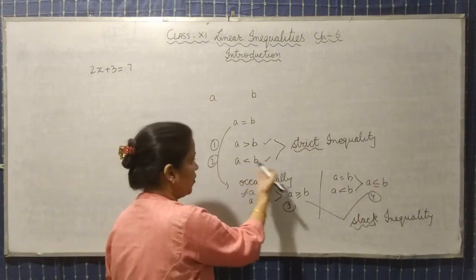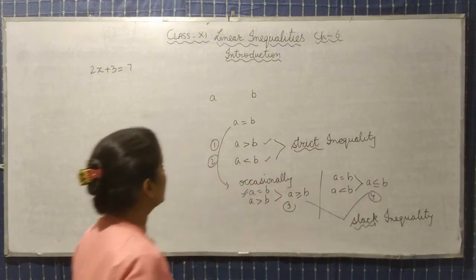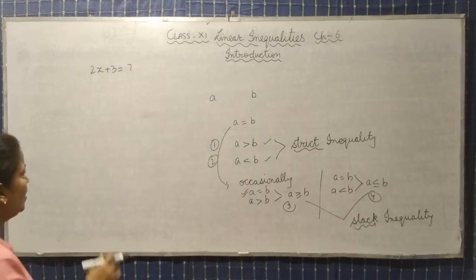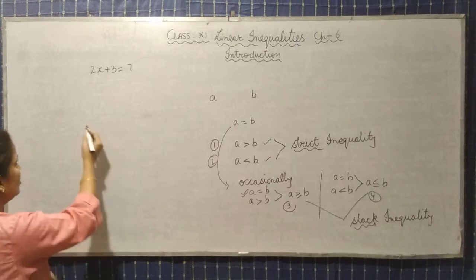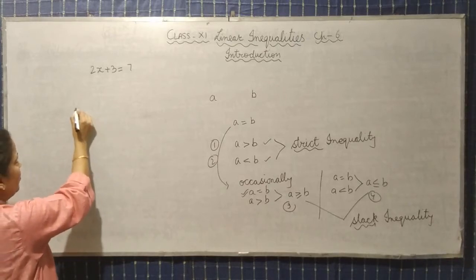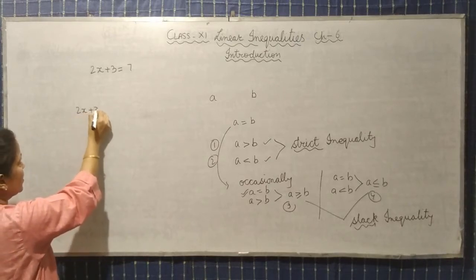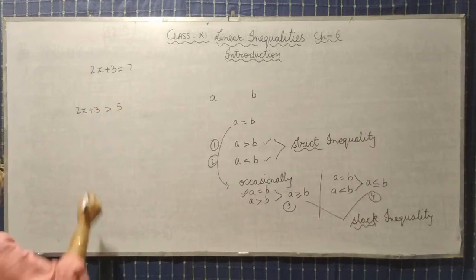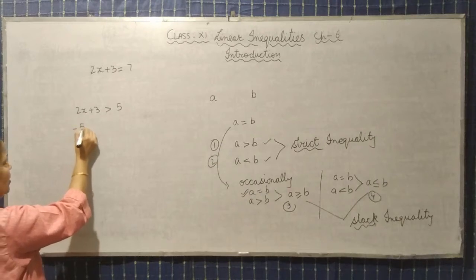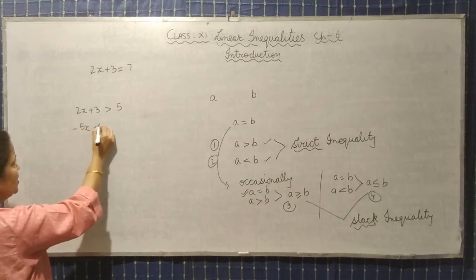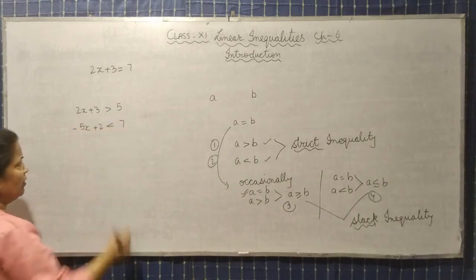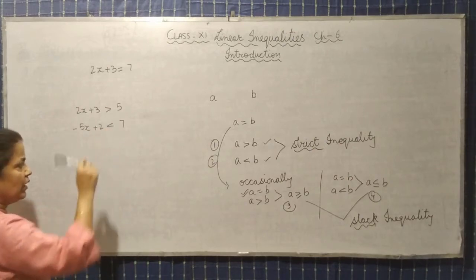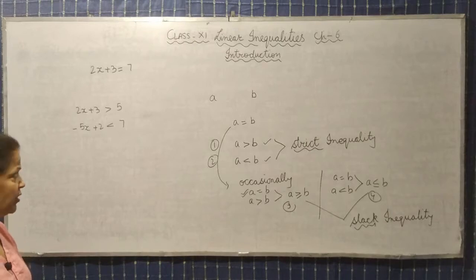So all these four types of inequalities are related to linear inequality. But here the condition is, suppose that I am taking one example, 2x plus 3 greater than 5, let it be. And in second case, minus 5x plus 2 less than 7. Now in this case, it is less or greater.